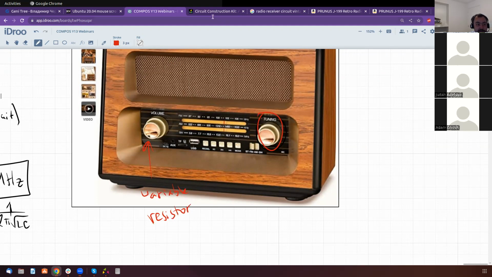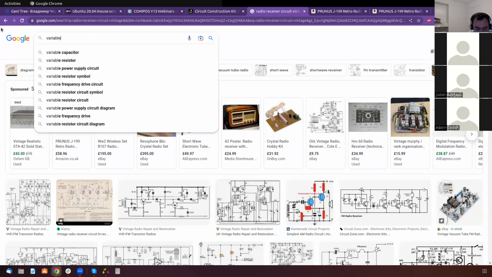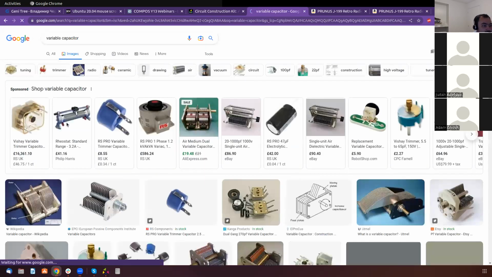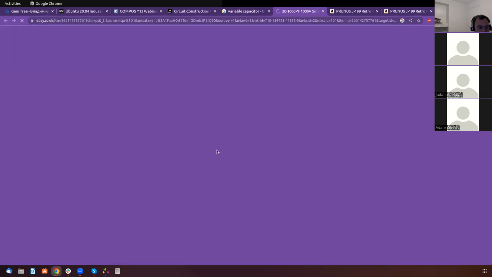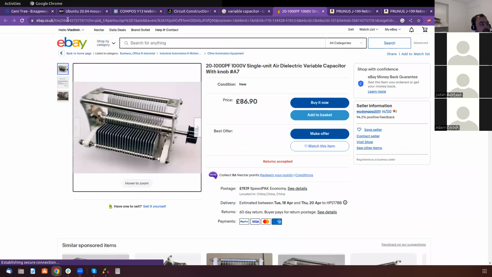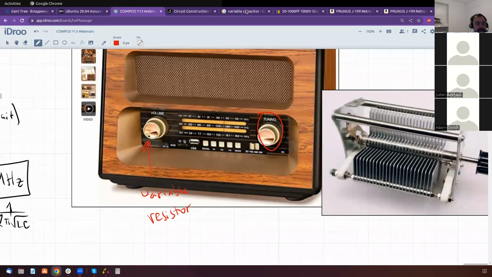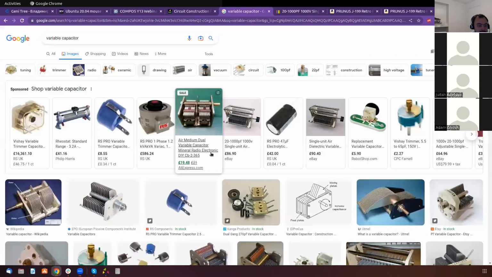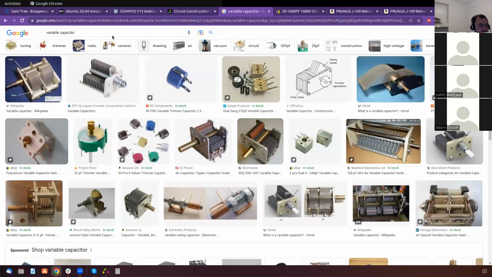And the tuning knob, so variable capacitor, variable inductor.